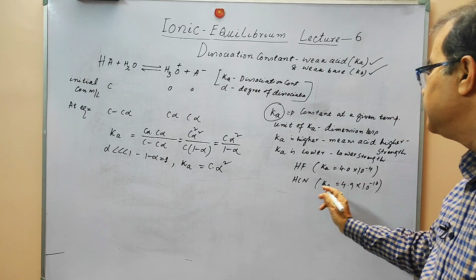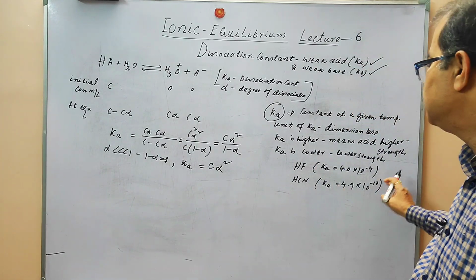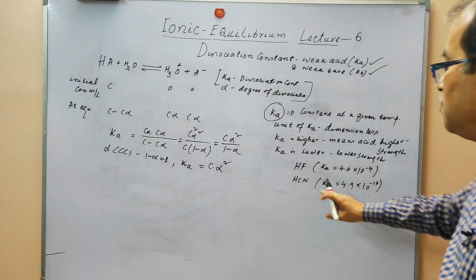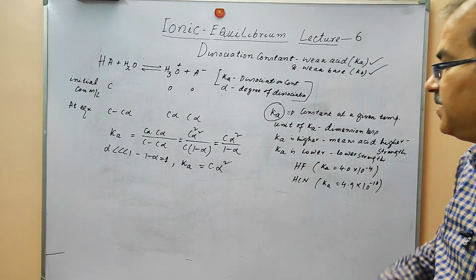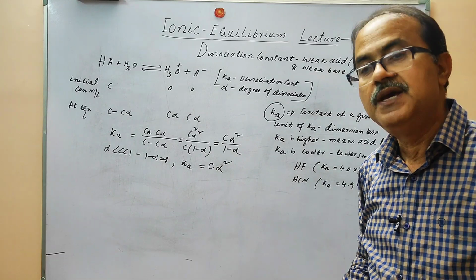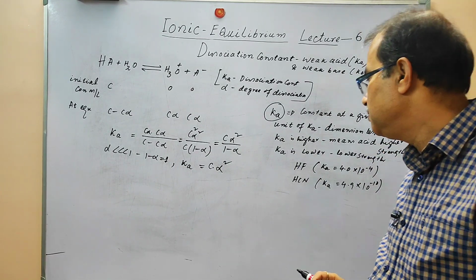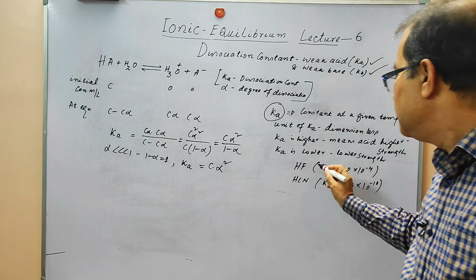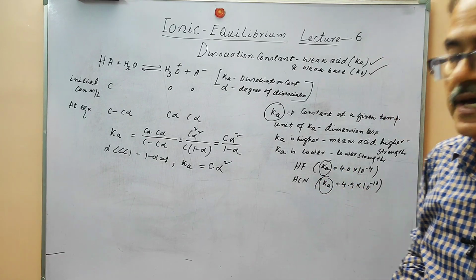So you can see the dissociation constant of HCN is much less than that of HF. So it is weaker than HF, and practically HCN has been observed to be the weakest acid available today. So from the dissociation constant we can predict the strength of the acid.